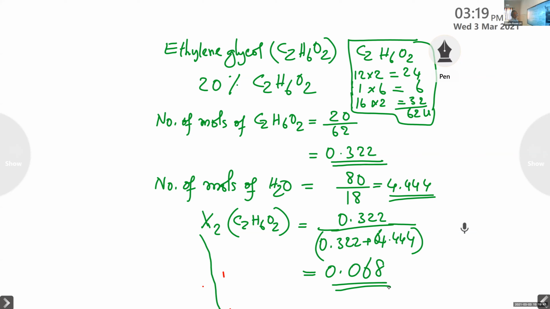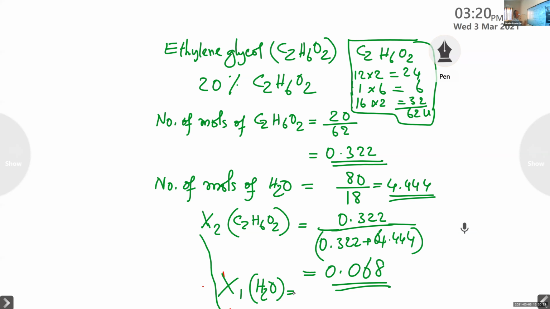Now we find out the mole fraction of water. We can calculate the mole fraction of water in a similar way. You call it X1. Mole fraction of water X1 is equal to, one method is this: number of moles of water by total number of moles, 4.444 divided by 0.322 plus 4.444.